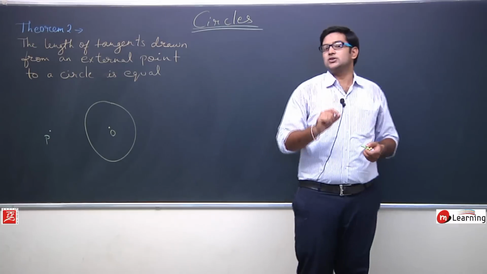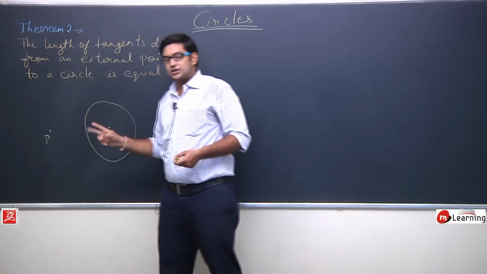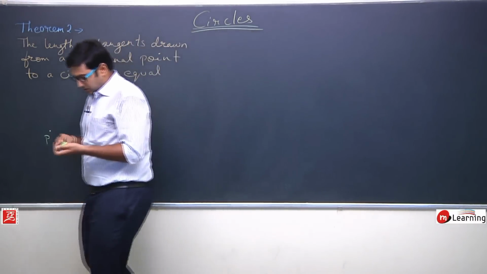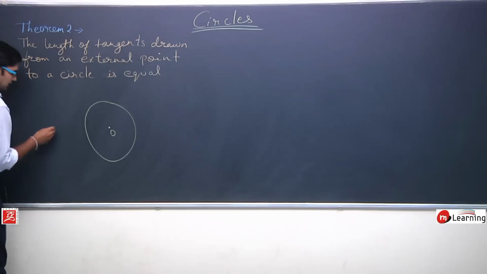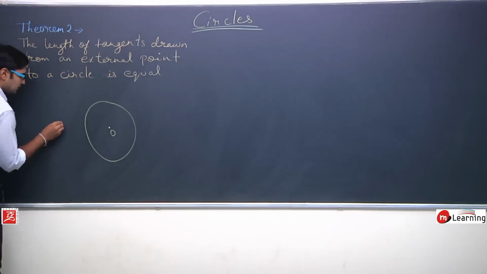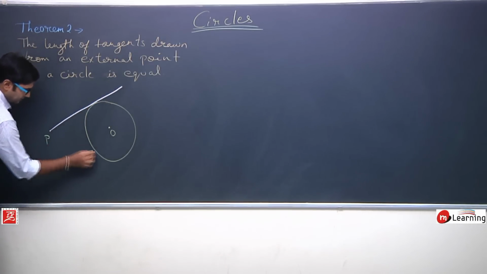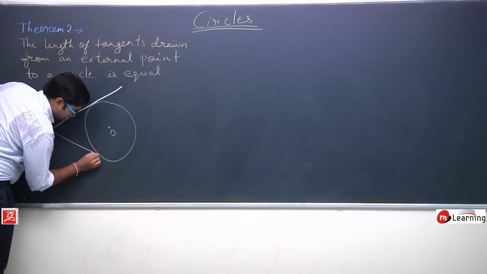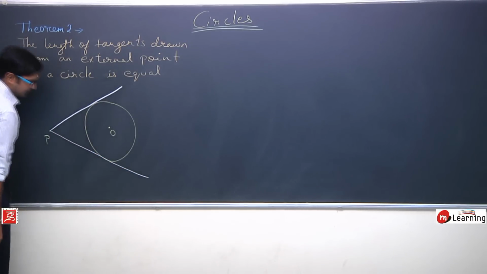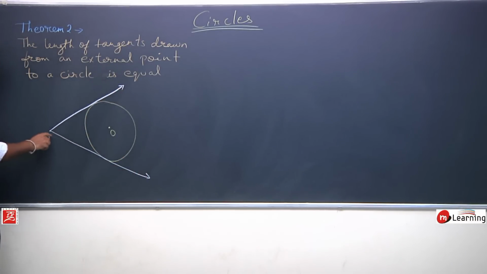We have discussed this concept that from an external point I can draw 2 tangents to this circle. So the 2 tangents that can be drawn from this point to this circle are, this is the first one like this, and similarly this is the second one. So these are the 2 tangents that can be drawn from this P point.